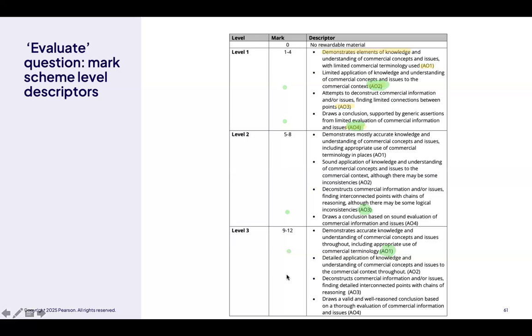And again, using the best fit model, it will be placed somewhere in level 2. That's where the examiner would probably place this response based on that best fit approach.